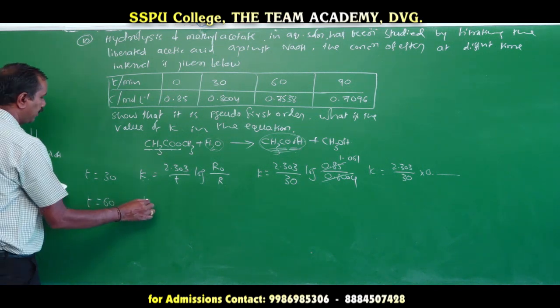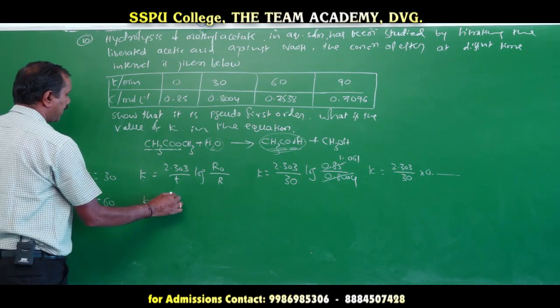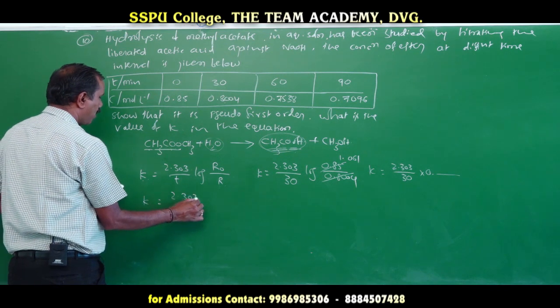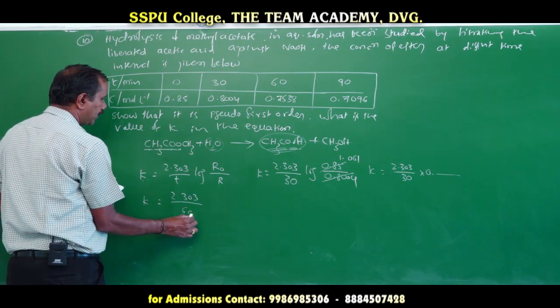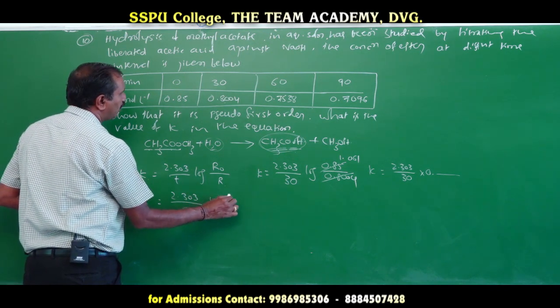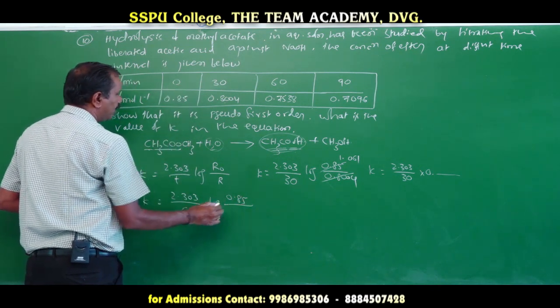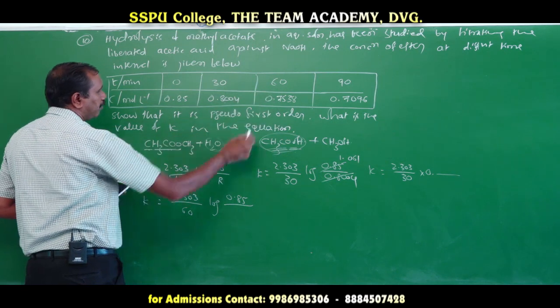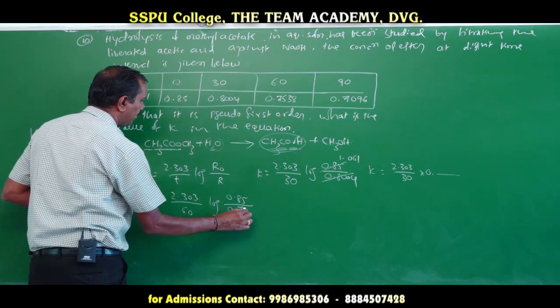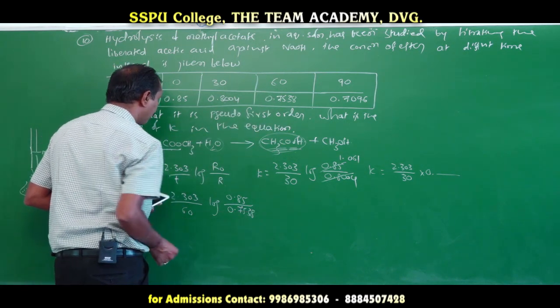At the 60th minute, K can be calculated by 2.303 by T. T becomes 60. Log of R naught, the initial concentration, is always 0.85. Then the left behind concentration at the 60th minute is 0.7538. Okay.